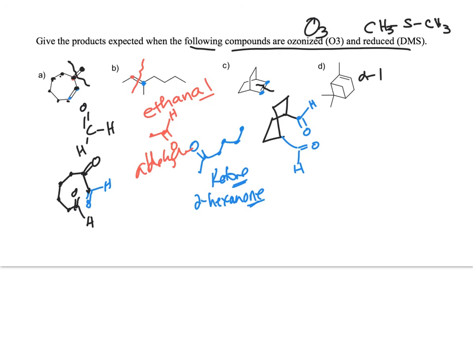Okay, here this is alpha pinene, so I think we've already worked this problem. We cleave it right there. So this would be a ketone, and then we just redraw. And then this carbon here would be an aldehyde.